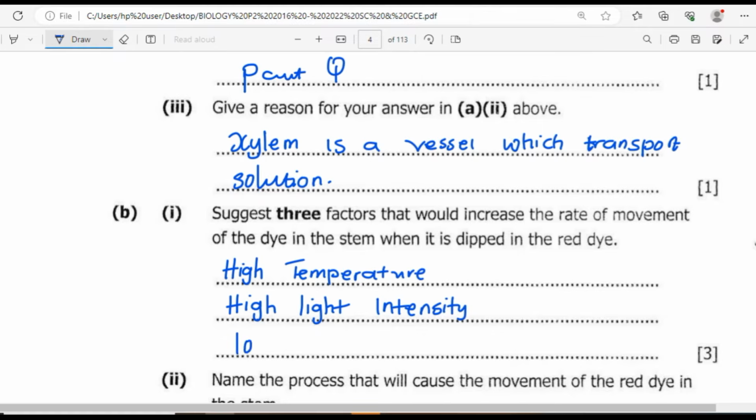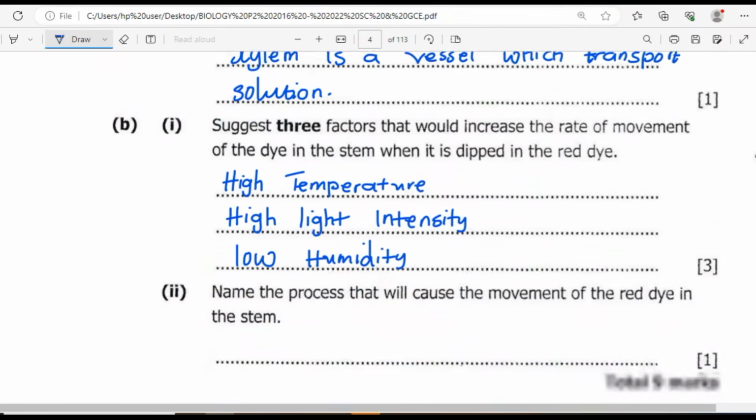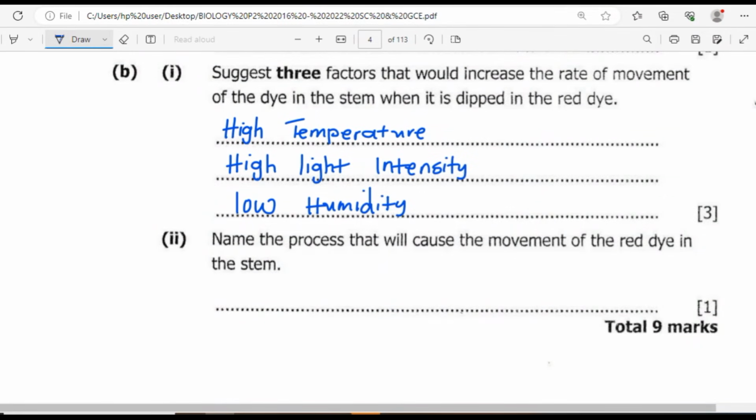Then also low humidity. Humidity is just considered as the amount of water vapor in the atmosphere. So if the humidity is low, the rate of transpiration will be high. As a result, we are going to have the process at its highest movement.